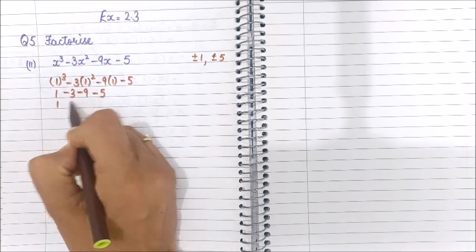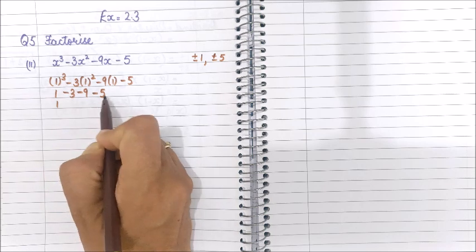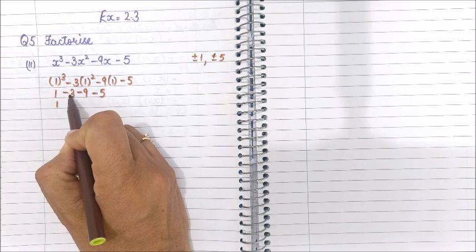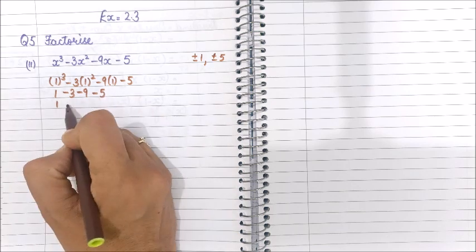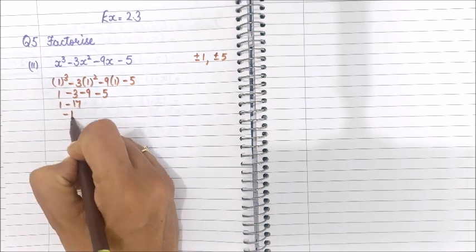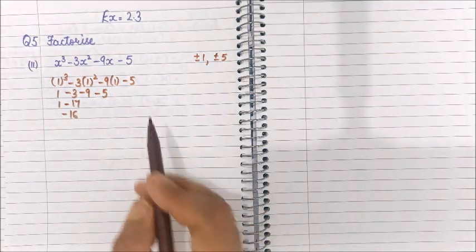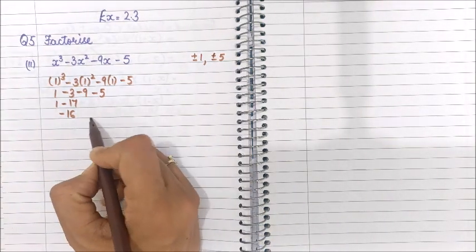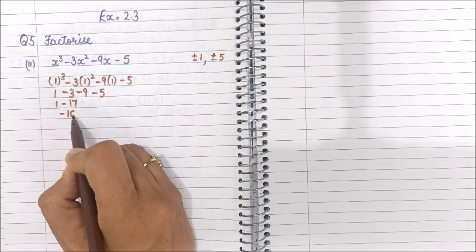Here I have 1, and as these are all negatives, 9 and 3 give 12, 12 and 5 give 17, so this will be minus 17. 1 minus 17 gives minus 16. So putting x equals 1 does not give 0, so this is not a zero of the polynomial.